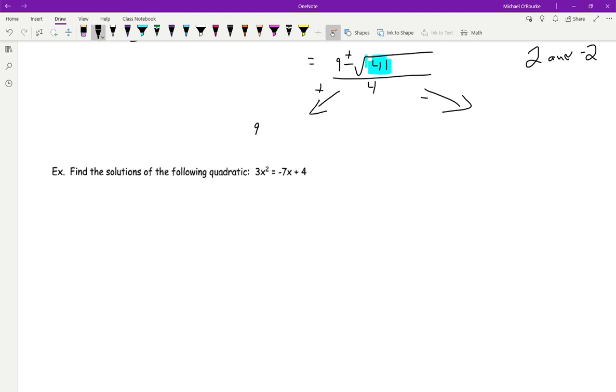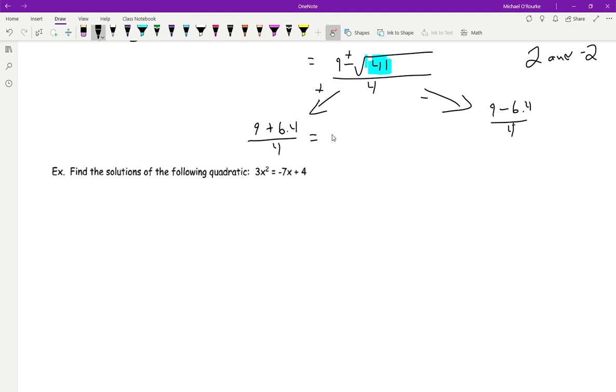So this one's going to be 9 plus 6.4 divided by 4. In this case, on this side, it's going to be 9 minus 6.4 divided by 4. So that's going to equal, and you have to do the top first. Do the whole top before you do the bottom. Plus 9.